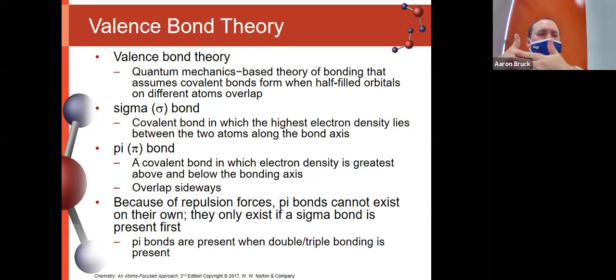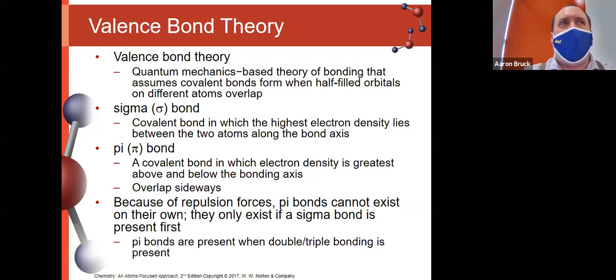So I've got two orbitals. They are going to touch each other directly on that internuclear axis, so that space between the two atoms. And that's going to be our covalent bond.